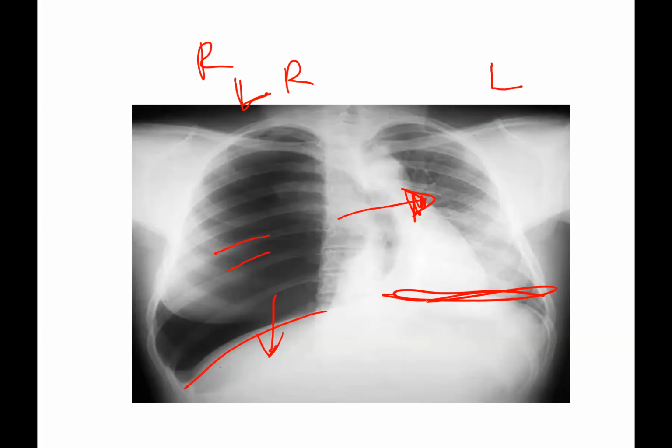A wide bore cannula, size 14 or 16, those are wide bore cannulas, at the second intercostal space of the affected side. I hope you are all listening. Anybody that fails this cannot be a medical doctor.